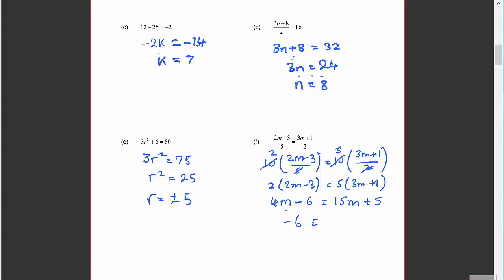If I subtract 4m from here, I get left with 11m. Now subtract 5 from both sides. And finally divide both sides by 11. So that would give me that m is equal to -1.